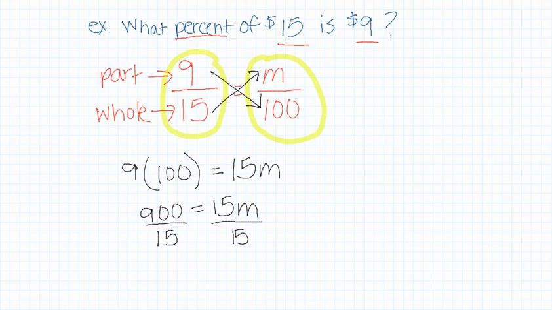And so those cross out. And so m equals 900 divided by 15. If you take out your calculator, or do that in your head, it comes out to be 60. So now we know that 60% of $15 is $9.